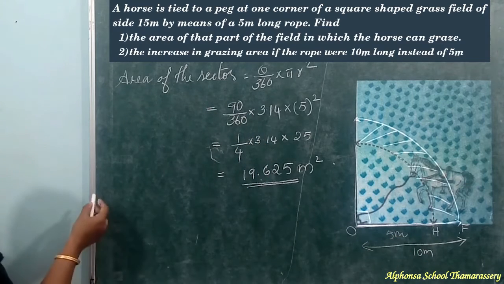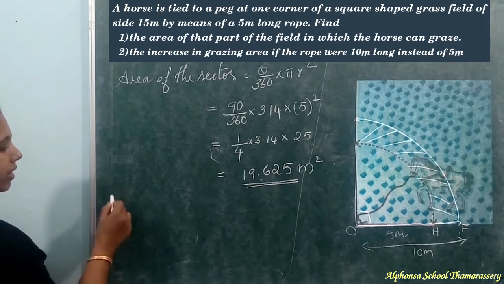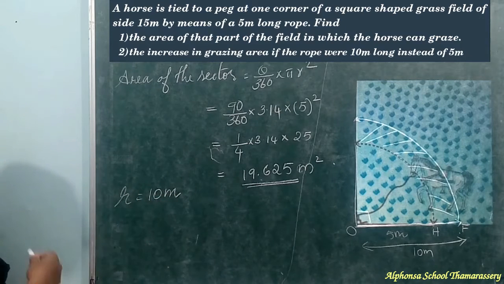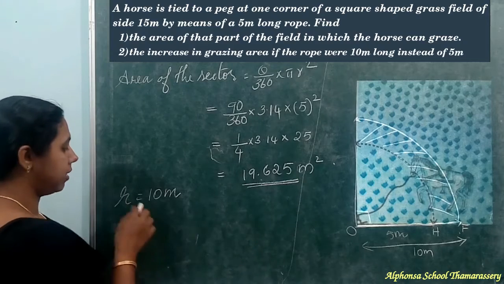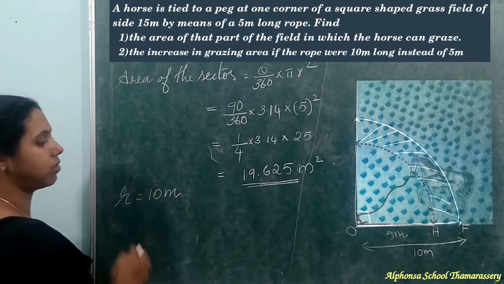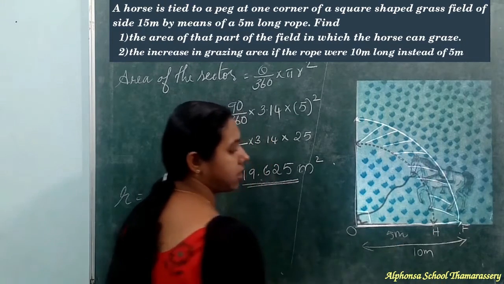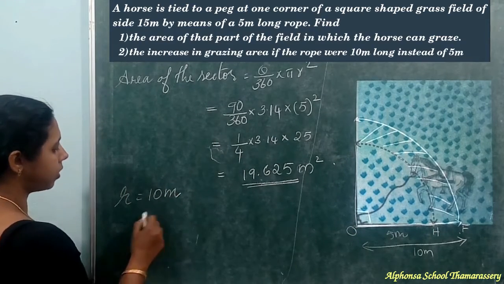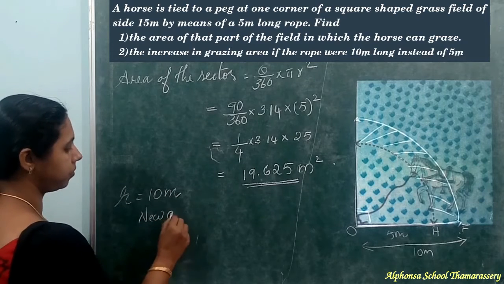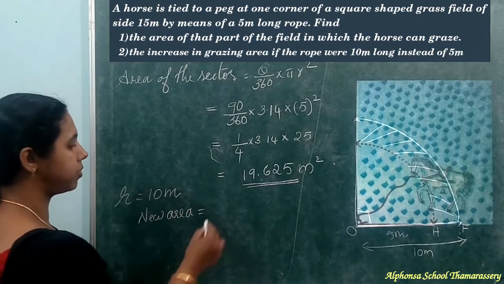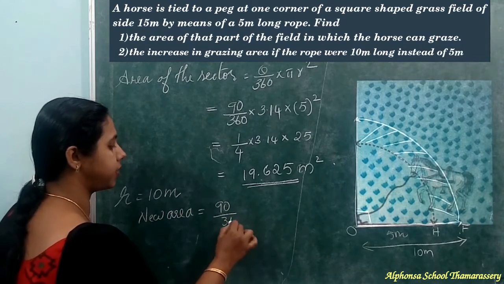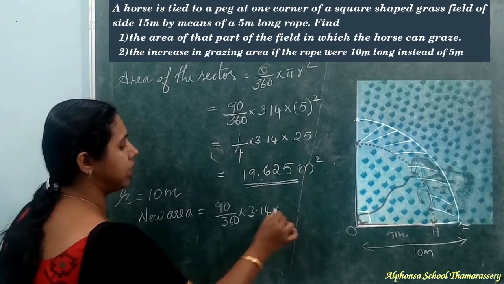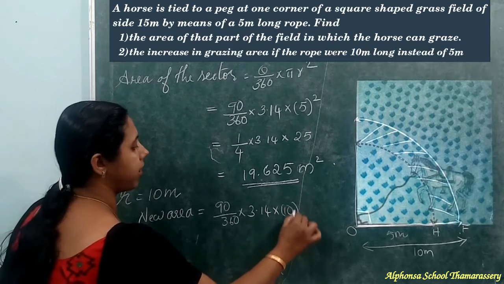So when the length of the rope is changed from 5 meters to 10 meters, the radius will be changed. The radius of the new sector is equal to 10 meters, and the angle of the sector is the same, 90 degrees. So the new area is equal to 90 by 360 into 3.14 into r square, that is 10 square.